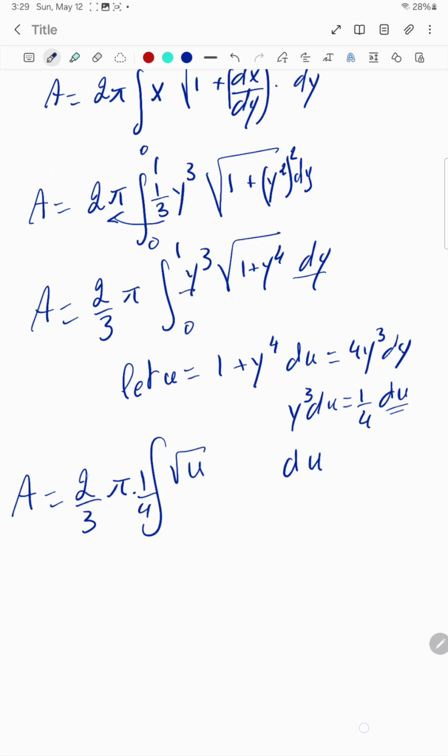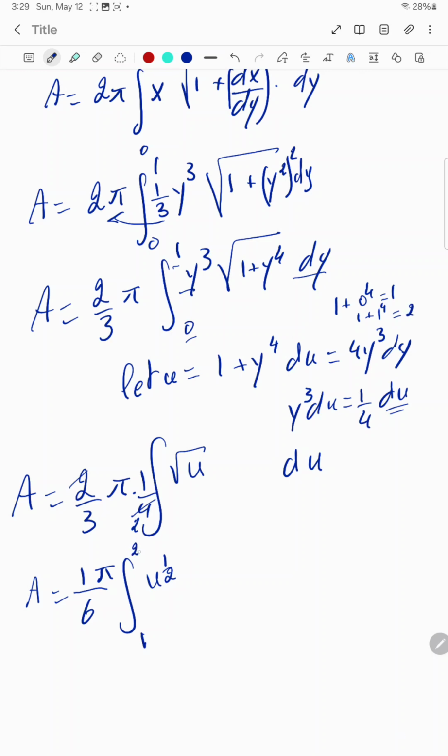Okay, so now I can simplify this 2 and this 4 becomes 2, so 3 times 2 is 6, pi over 6, u to the power of 1/2 du, and it was between 0 and 1 when I had y, so now when I have u, it becomes 1 plus 0 to the power of 4, which is equal to 1, and then 1 plus 1 to the power of 4, which is equal to 2.